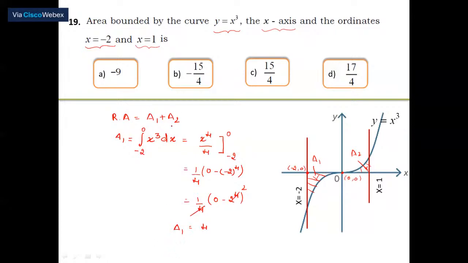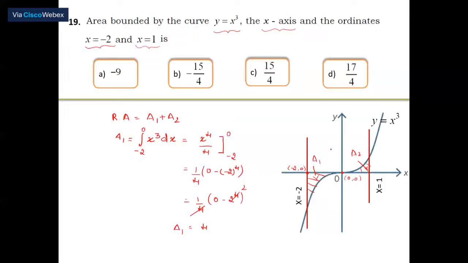Similarly, let us find this A2. A2 is nothing but the area bounded by y is equal to x cube, the ordinate x is equal to 1 and the x-axis. So our A2 is integration of x cube between x is equal to 0, and here the point we have is 1 comma 0.